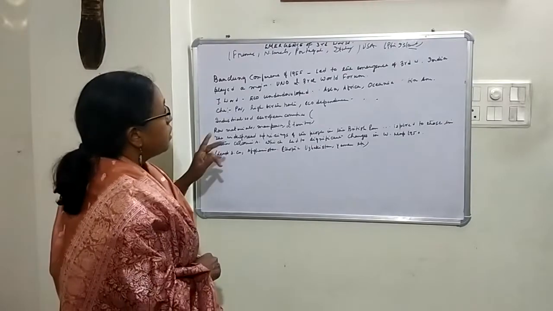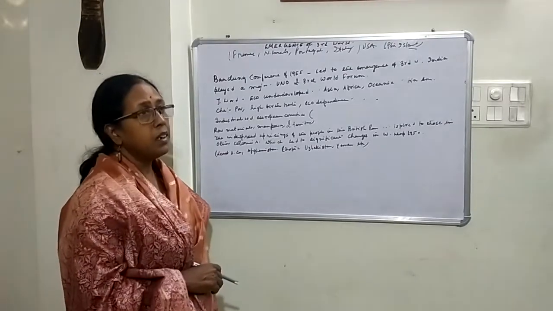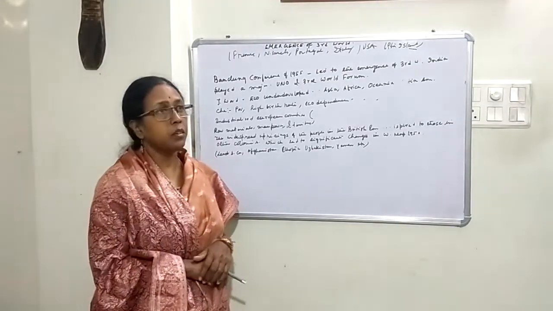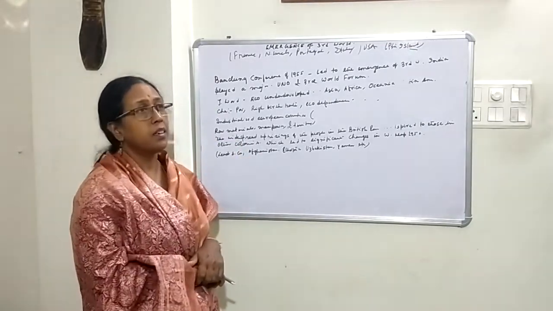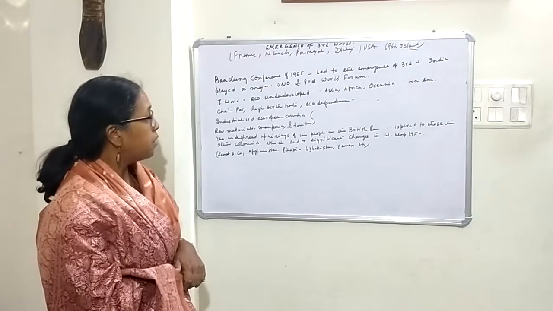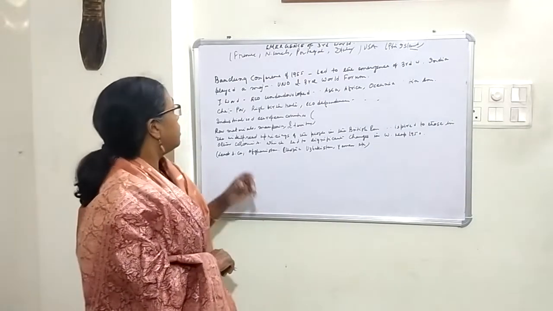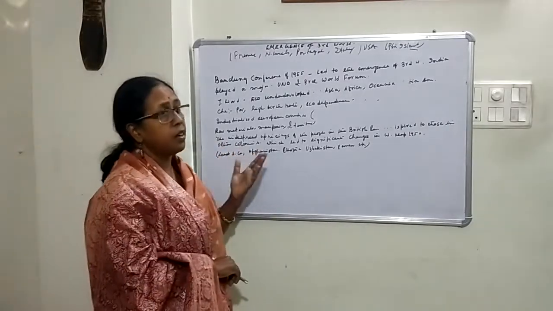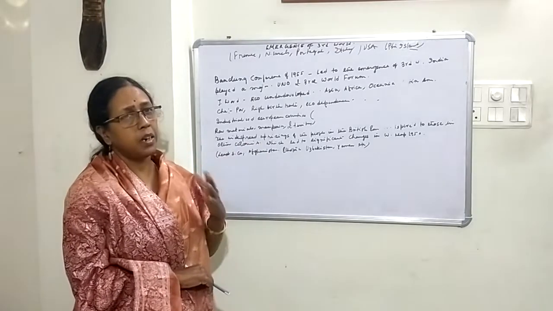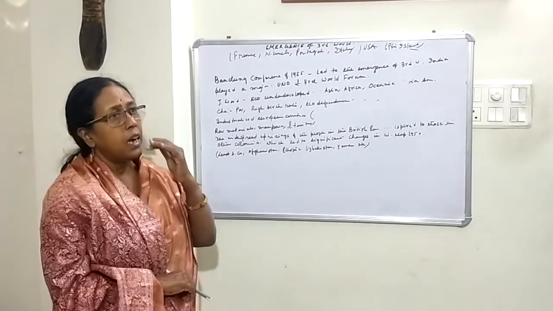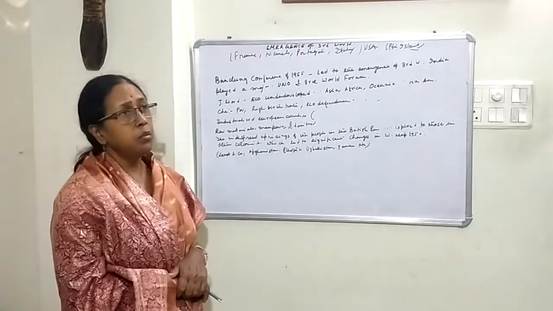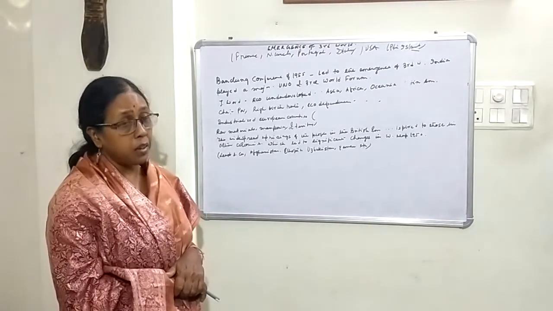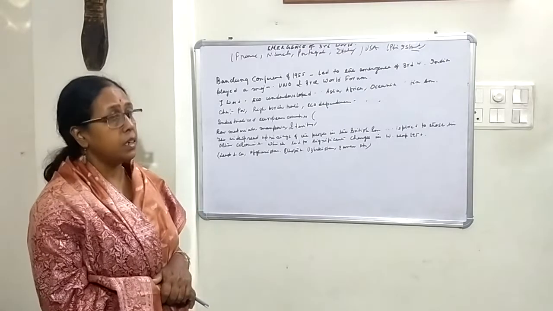If you study the world map, you will never find anything like third world countries there. Third world countries actually emerged after the Second World War, from 1945 onwards, when the colonial countries started getting independence.